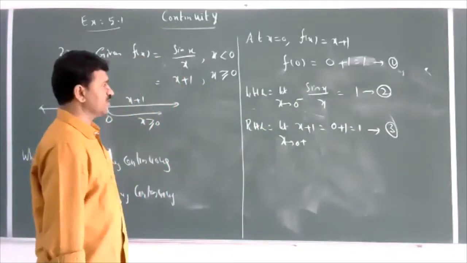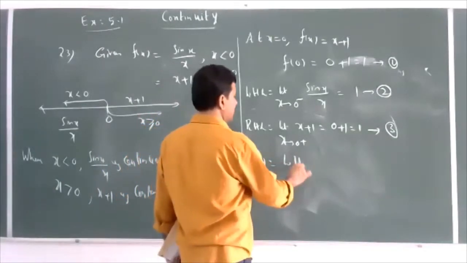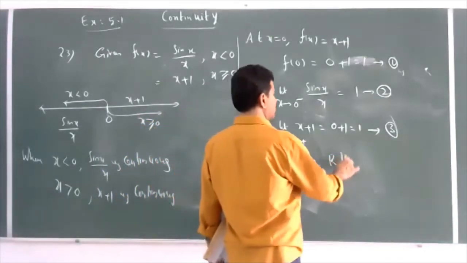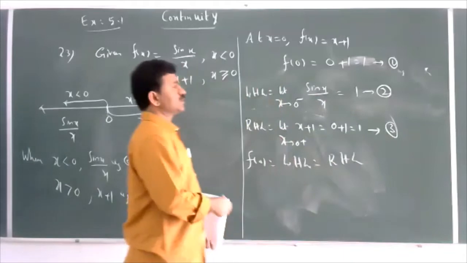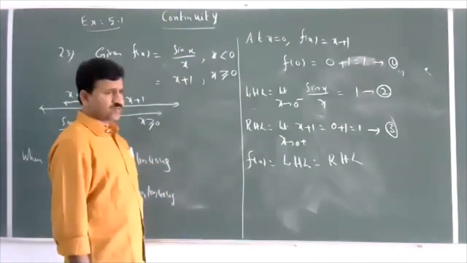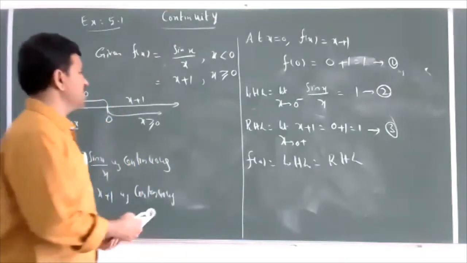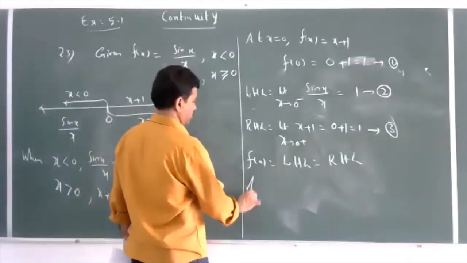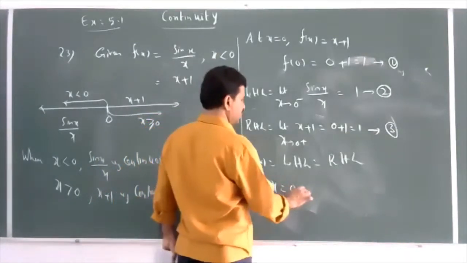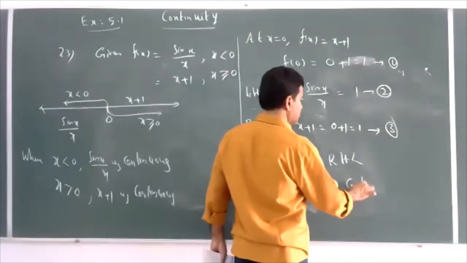So what is your observation here? F of 0 is equal to LHL is equal to RHL. So at x is equal to 0, f of x is continuous.